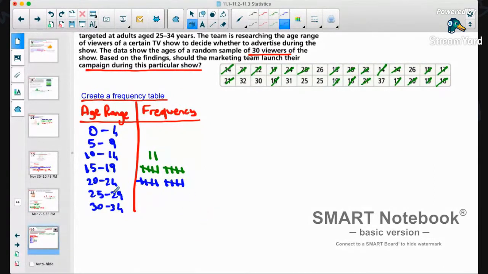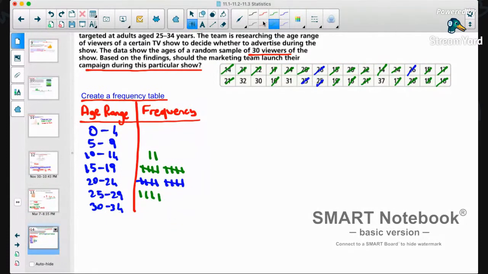After that, between 25 to 29, how many people are there in this age range? 1, 2, 3, 4. There are 4 people. And what about 30 to 34?